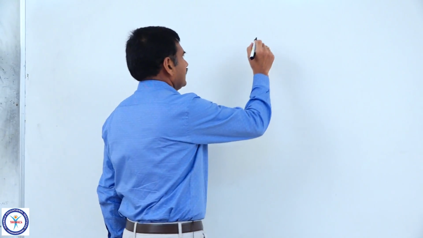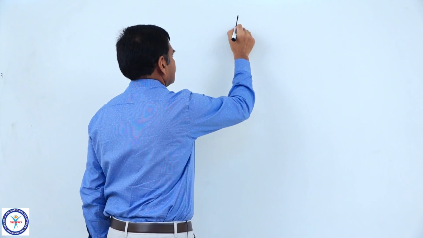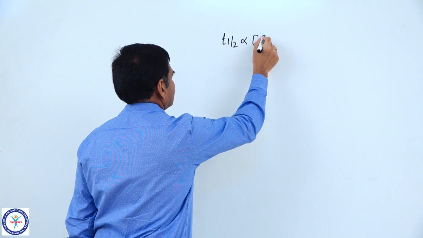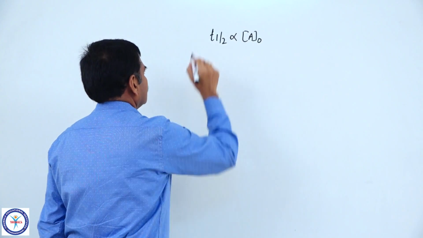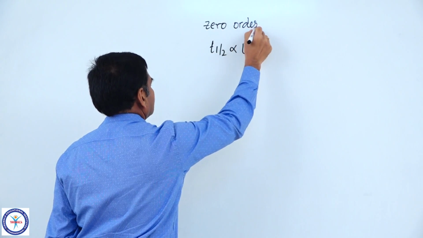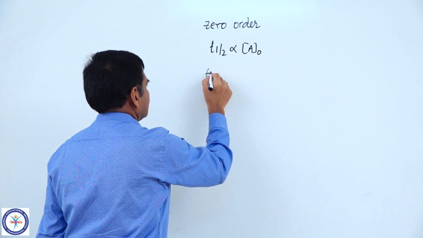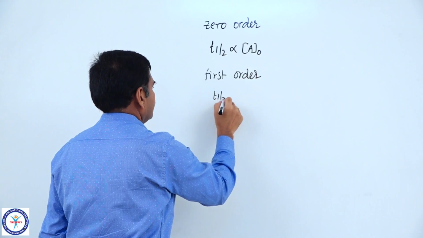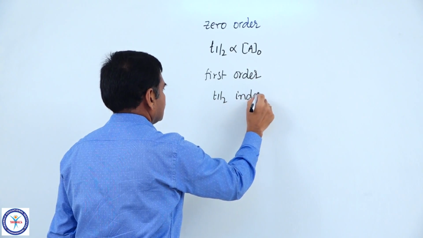There is another method for identification of order of reaction, that is half-life method. It is already given to you that T half of zero order reaction is directly proportional to initial concentration. And first order reaction, T half is independent of initial concentration.